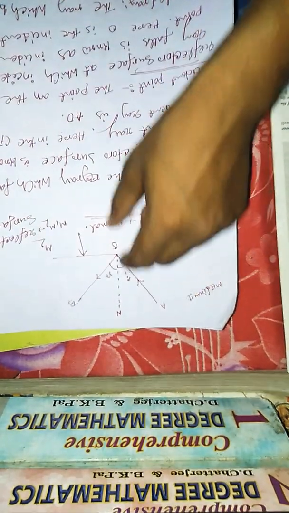Angle AON is the incident angle, and it is denoted by the short letter I. So angle AON is the incidence angle or angle of incidence, and the angle of incidence is denoted by the short letter I.